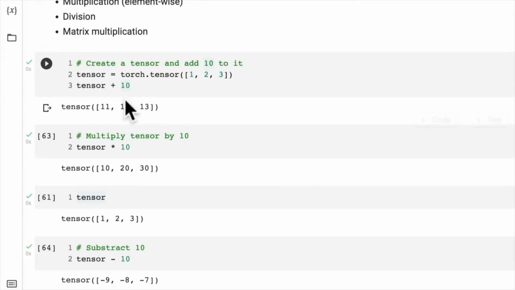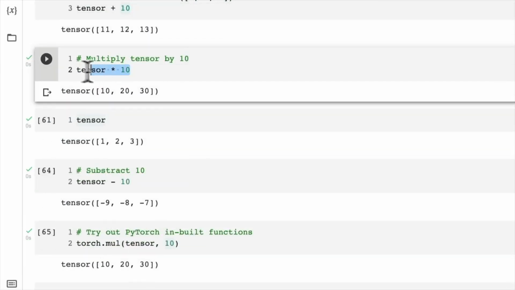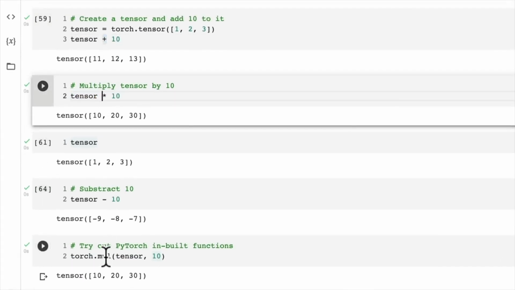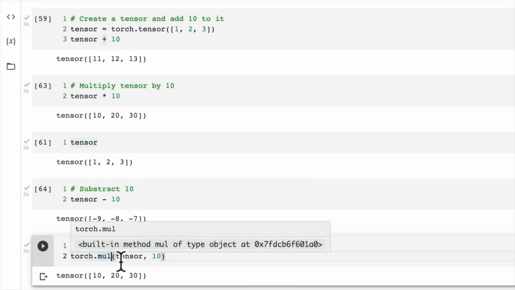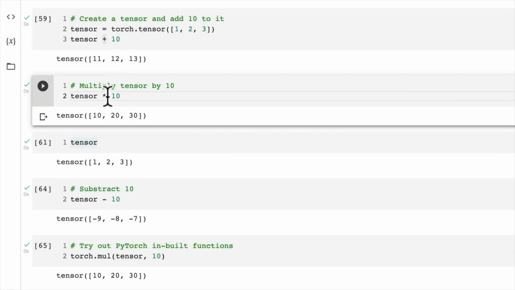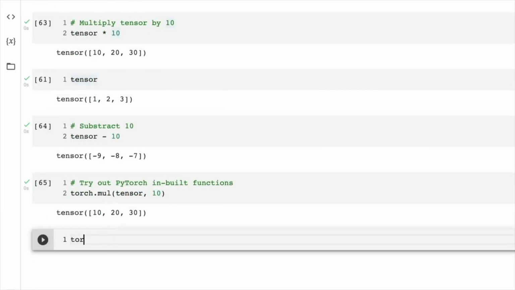So just taking the original tensor that we created, which is 1, 2, 3, and performing the same thing as this. I would recommend, where you can, use the operators from Python. If for some reason you see torch.mul, maybe there's a reason for that, but generally these are more understandable if you just use the operators if you need to do a straight up multiplication, straight up addition, or straight up subtraction. Because Torch also has torch.add.